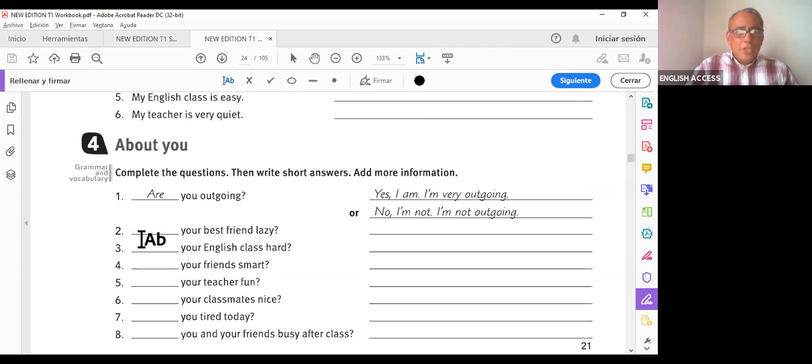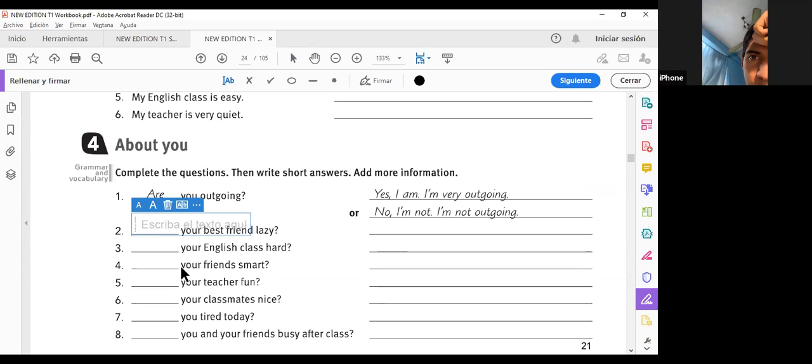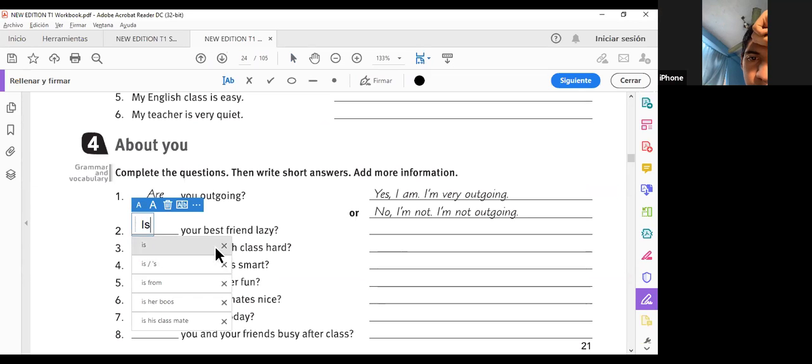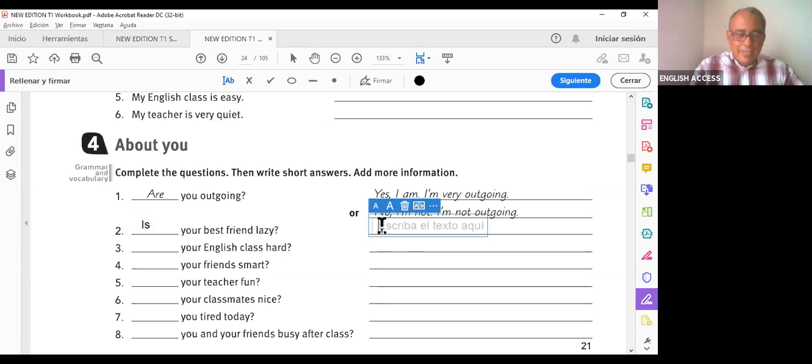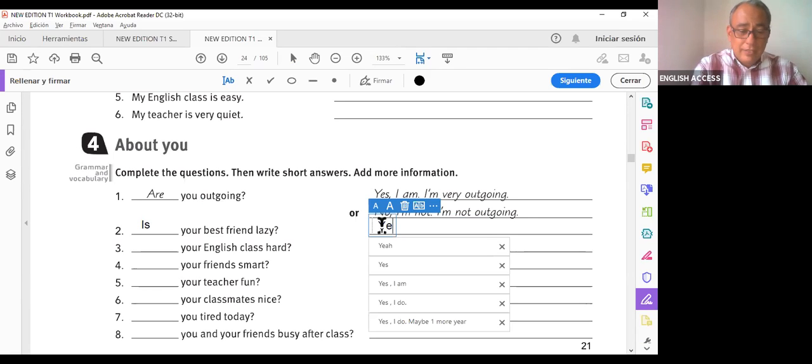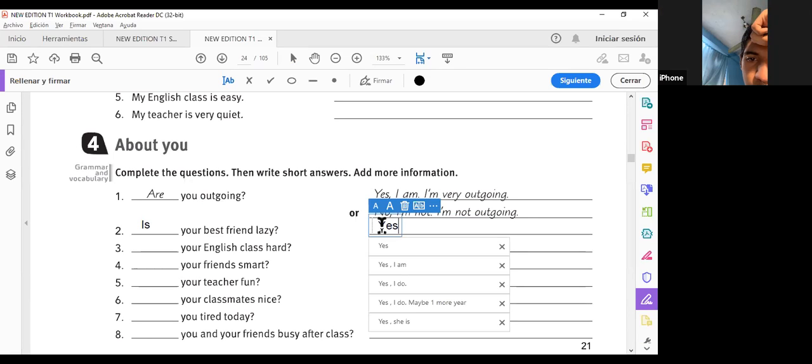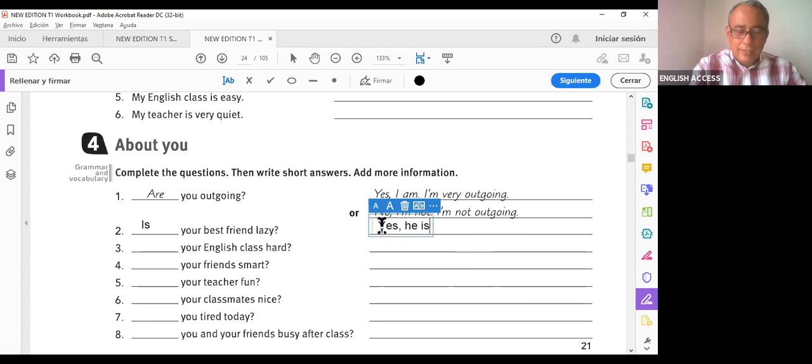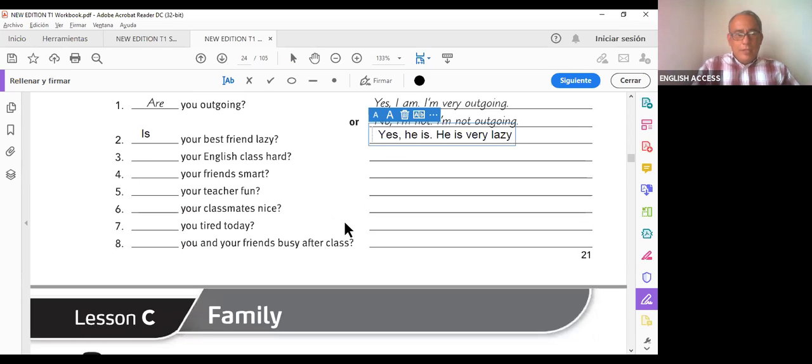It says, your best friend. What is the correct one? Am, is, or are? Is. Is your best friend lazy? Yes. He is. Exactly. He is very lazy. And then you complete the information with something like that. Okay? Very easy. And that will be it.